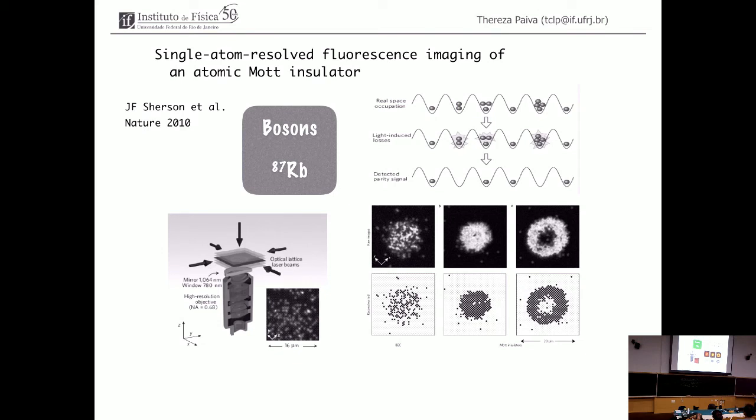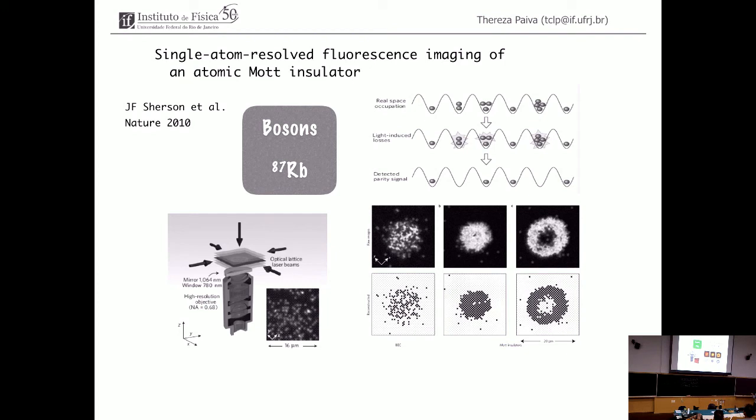One thing very important to keep in mind when we look at these pictures is that they use fluorescence for imaging. When you have a double occupation and you shine light on it, the pair is ejected from the system. So when you see something with an empty center, it's not necessarily empty; it may be that more than one atom was there and was ejected.